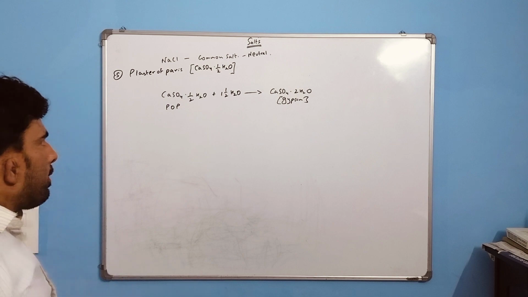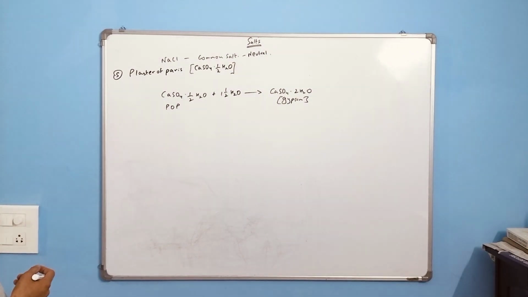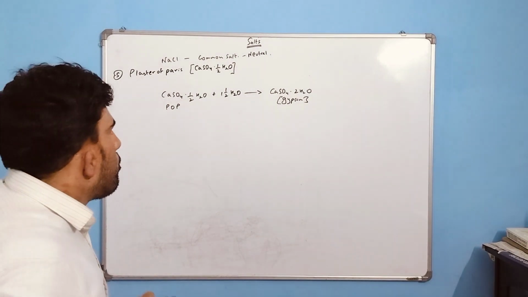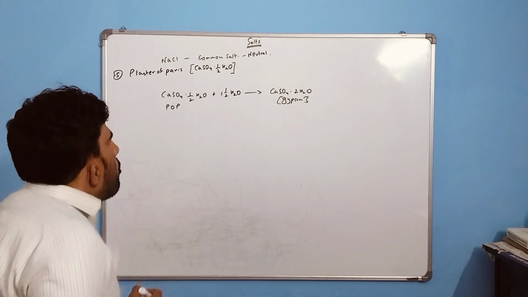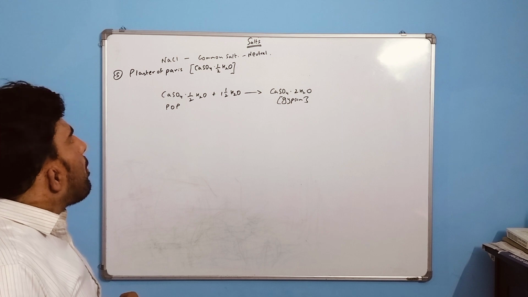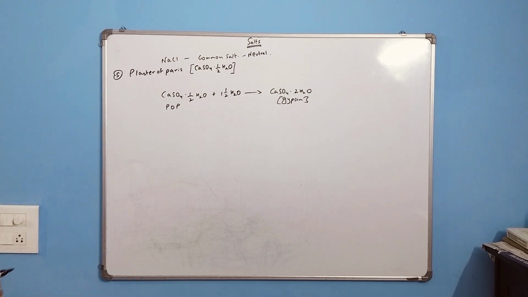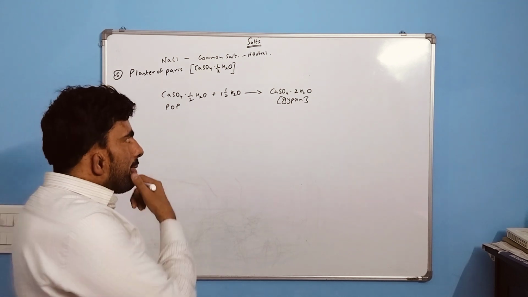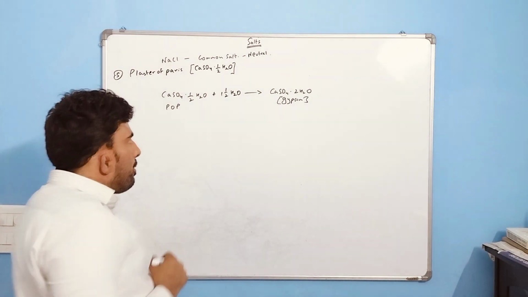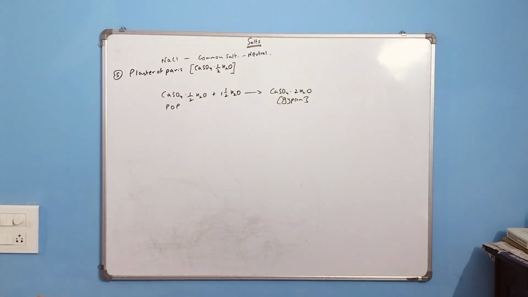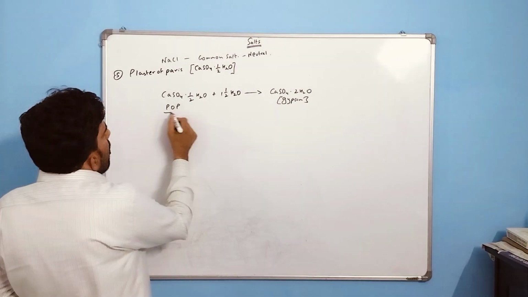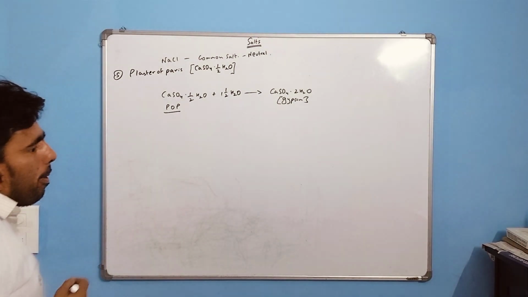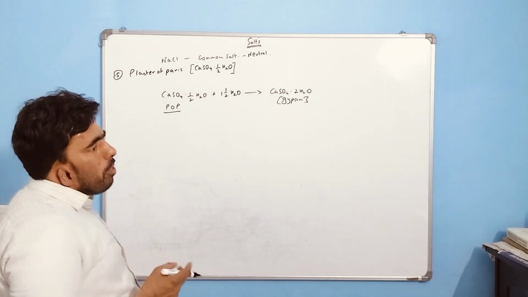Basically it is a white powder containing half a molecule of water, and when further water is added to it, it becomes gypsum. That is CaSO4·2H2O. Gypsum is very hard. POP is used to make toys and decoration materials.